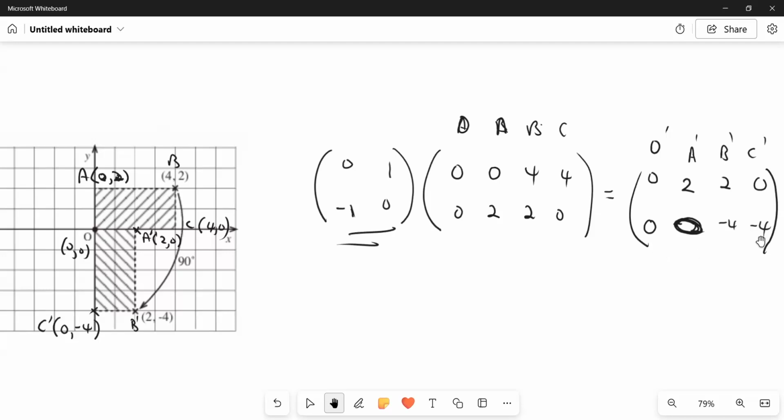Right? And this is basically the image of this original rectangle that you rotate. When you rotate it, you get this here. So you can actually do it using a matrix.